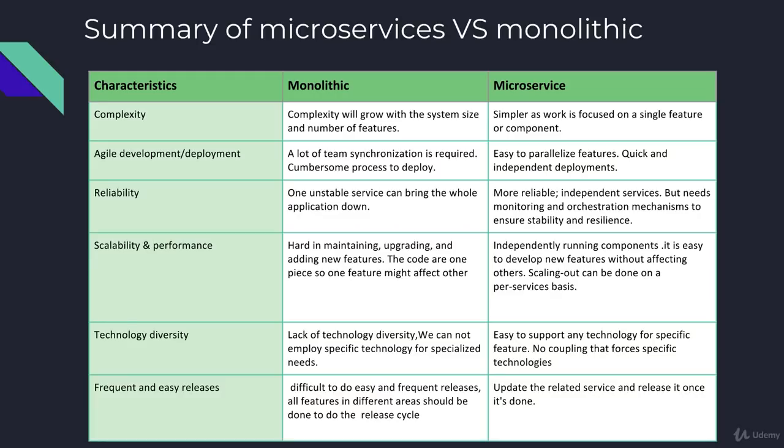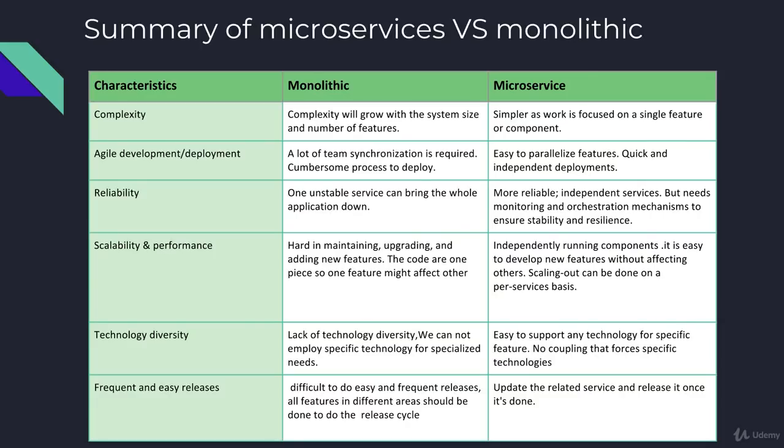Scalability and performance. In case of a monolithic application, it is hard to maintain, upgrade, and add any new features because the code is one piece, so one feature might affect others. But in case of microservices, with independently running components, it is very easy to develop new features without affecting others.